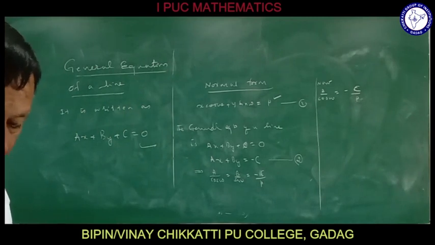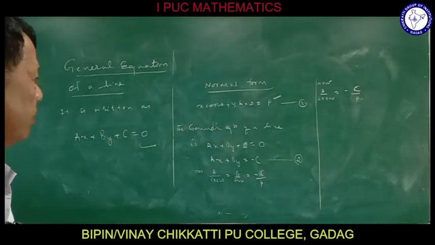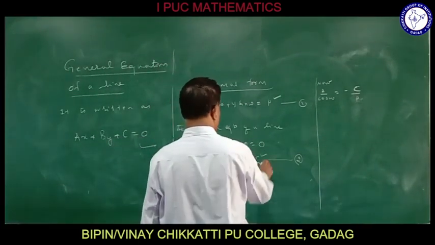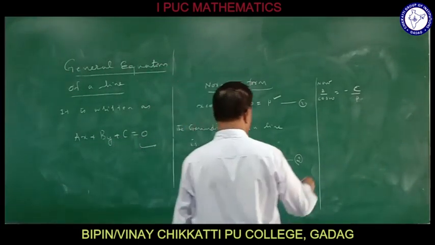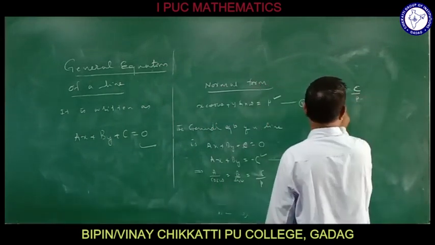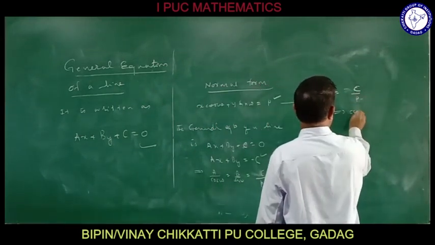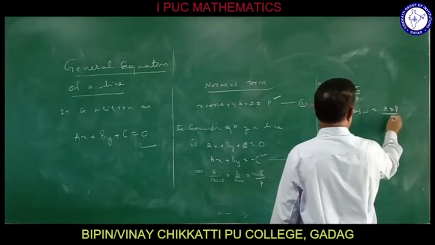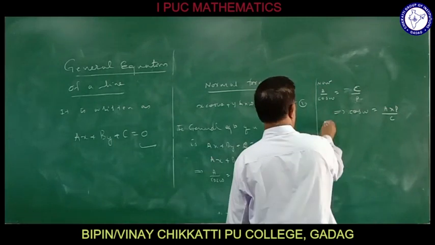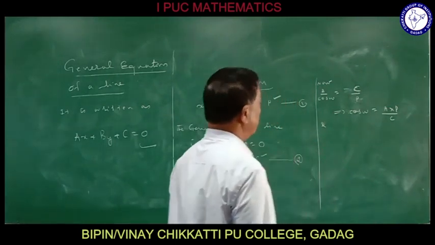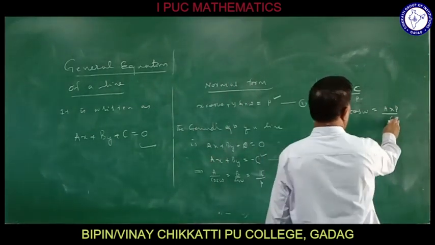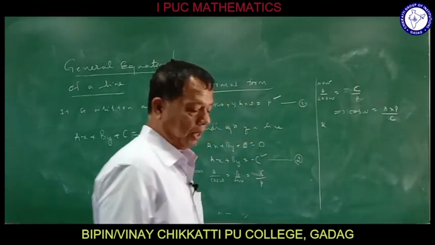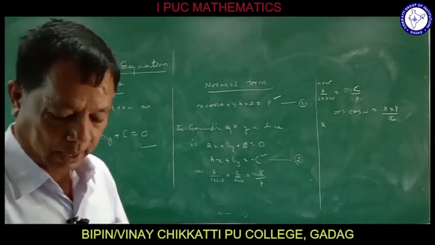When you write that constant's value, you have to take only the constant, that is nothing but c by p. What is the value of cos omega? Cos omega is equal to a into p divided by c, and like that you have to calculate the value of sin omega, and that can be written here.